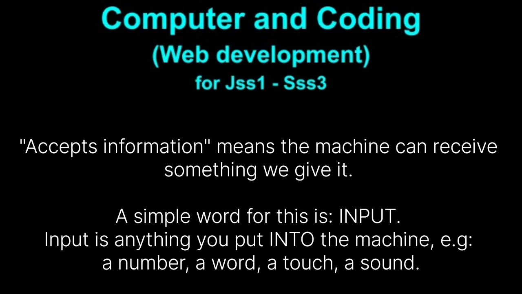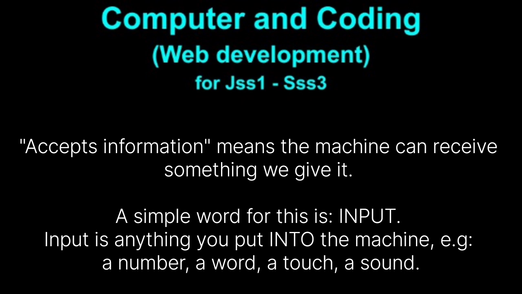To accept information means the machine can receive something we give it. A simple word for it is input. That is, in computer terms, we say input. For example, you have an object you want to put into a container. If you hold the object and you put it inside that container, that means you input that object into the container.